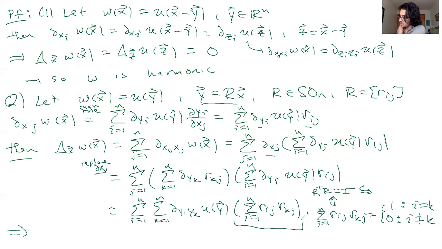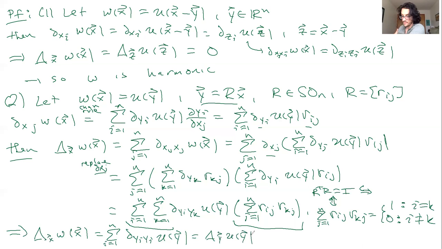Well, then that actually collapses this double sum down to a single sum, and we get the x Laplacian of W of x now is equal to the sum from i equals 1 up to n of dyi yi u of y, which is just the y Laplacian of u of y, which is equal to 0, which is what we wanted to prove. Okay? So we've proved translation symmetry and rotational symmetry.